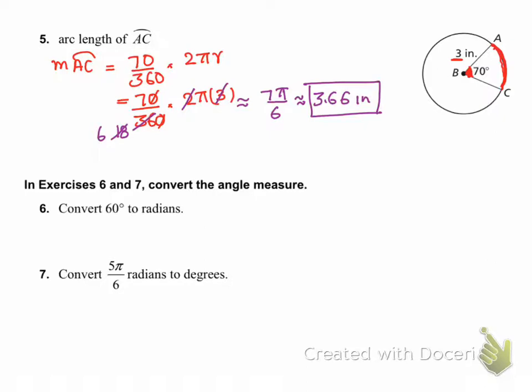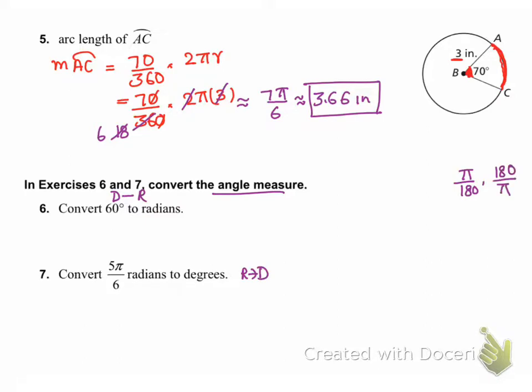Now the next question is to convert the angle measure. You have to convert degrees to radians and radians to degrees. Here you have to convert 60 degrees to radians, and here you have to convert 5 pi over 6 radians to degrees. I told you, you have to remember the fraction, that's pi over 180 or 180 over pi.